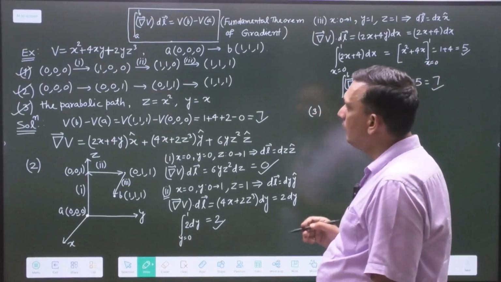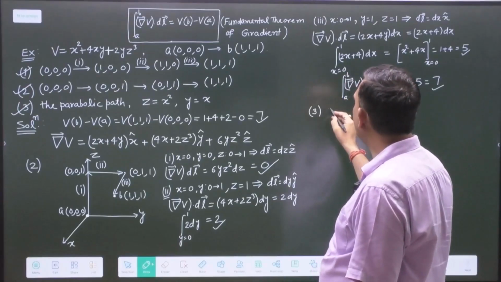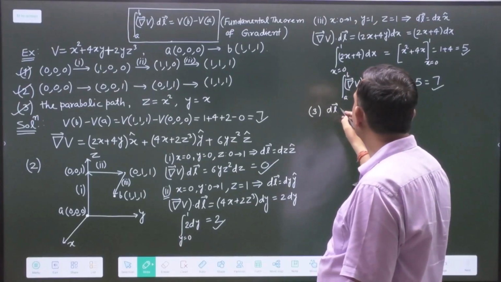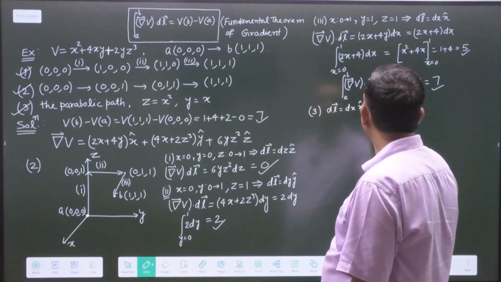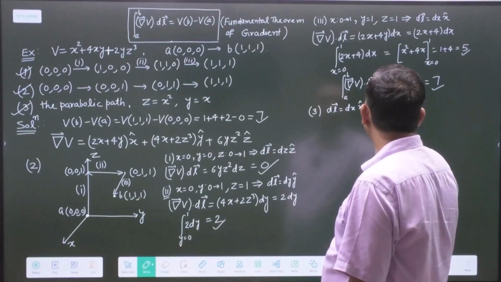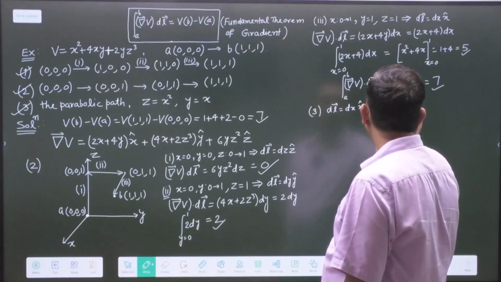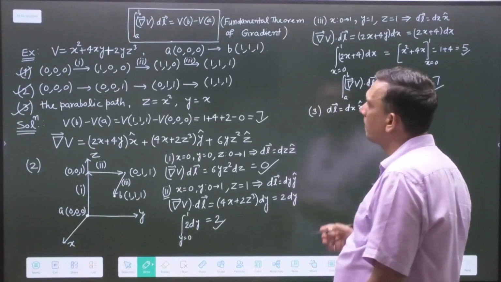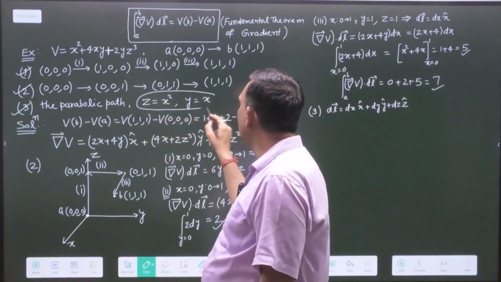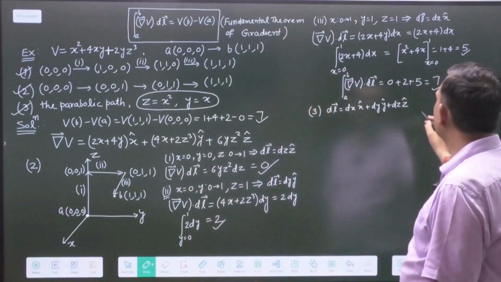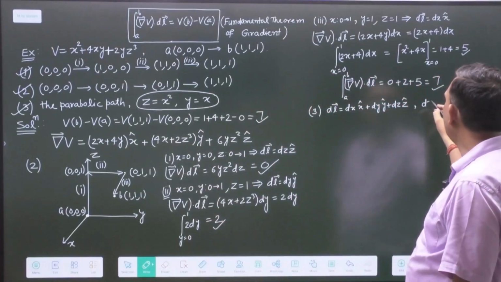So in general, dl is given by dx x cap plus dy y cap plus dz z cap. Now this dependence is given: z is equal to x square, y is equal to x. So we can write dz in terms of dx.